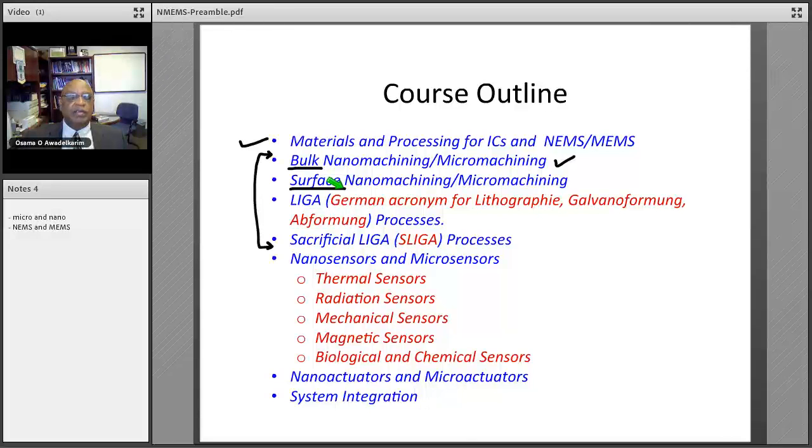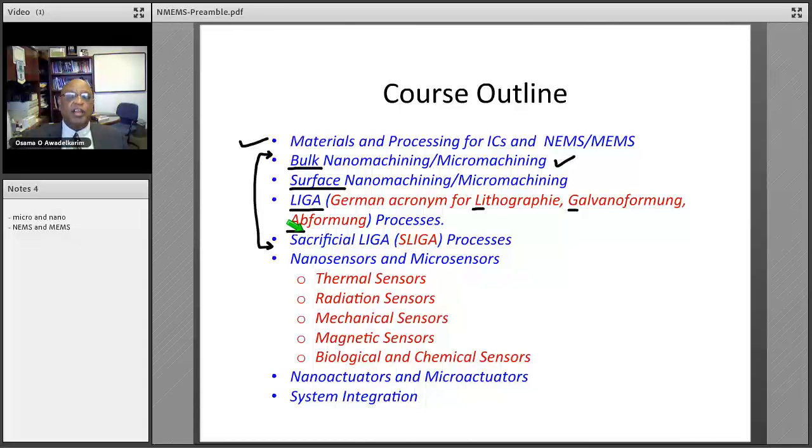And then the 2 additional processes that we'll be discussing in this course are the LIGA process, which is a German acronym for lithography, galvanoforming, and abforming. And that is where the word LIGA comes from.